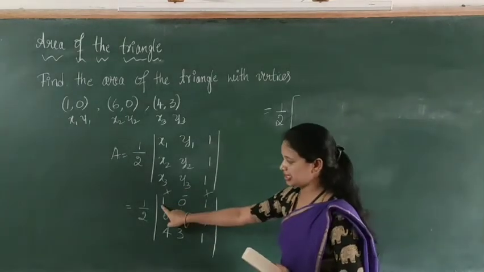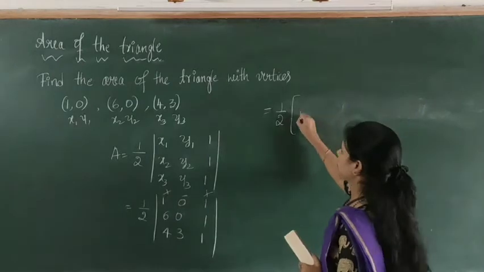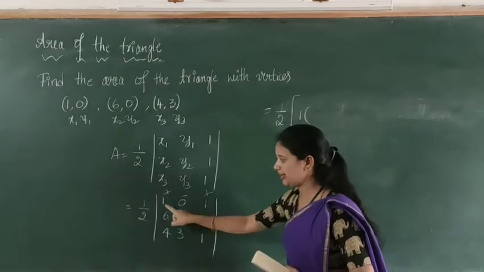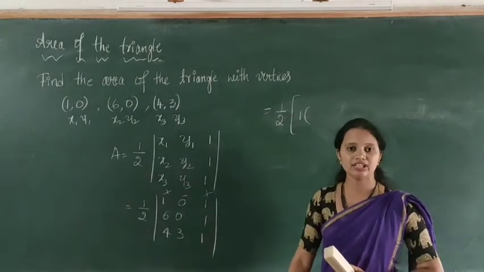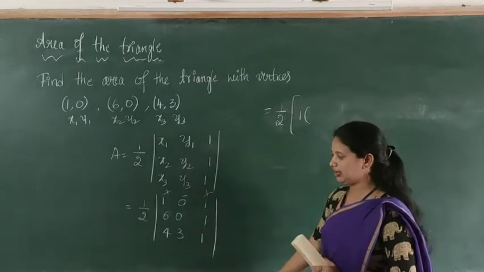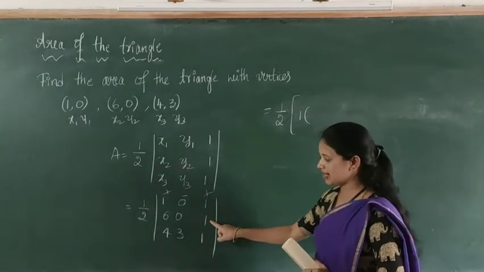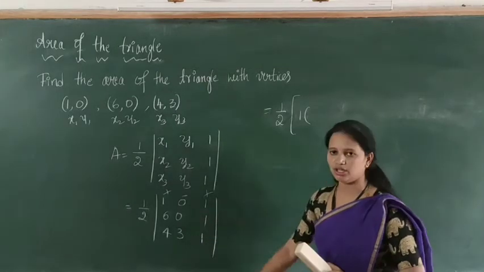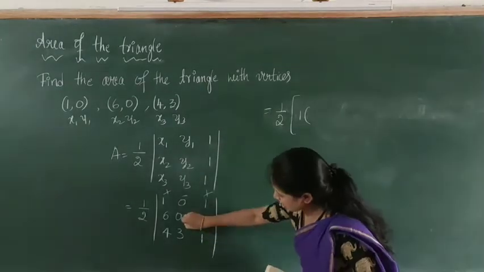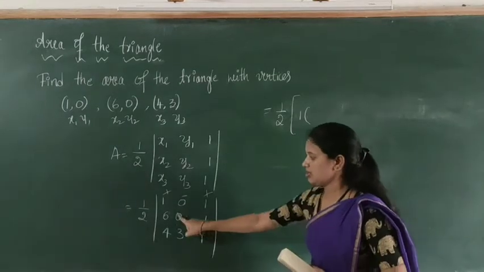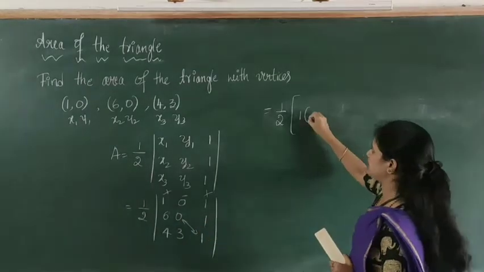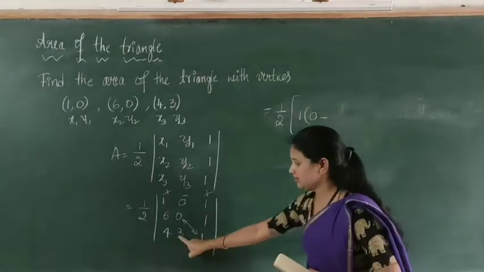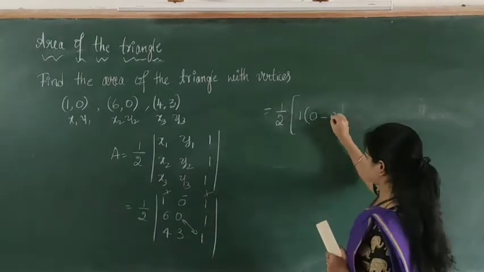The first element is 1, in first row and first column. Delete the first row and first column, and the remaining elements are 0, 1, 3, 1. Take the determinant of these four elements, cross multiply the diagonals: 0 into 1 minus 3 into 1.